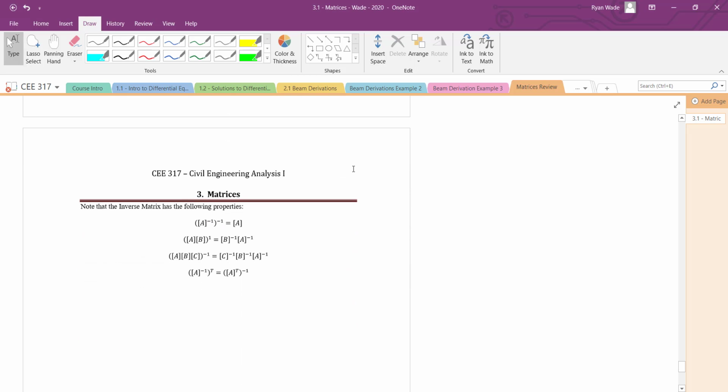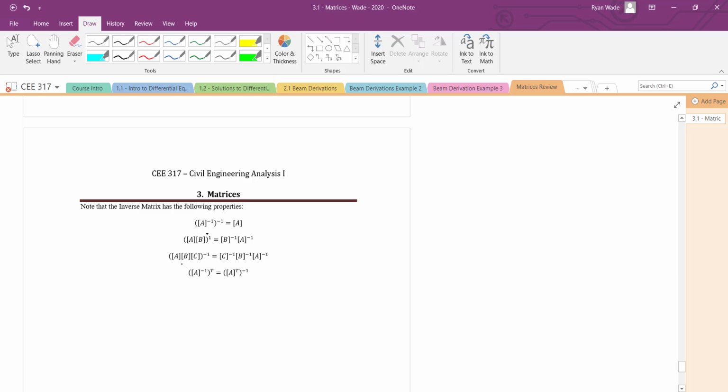The inverse actually does have a few different properties as well that are unique to the inverse of the matrix. The inverse of the inverse matrix is equal to the original matrix, which is good to know. If we have a matrix A multiplied by matrix B and we take the inverse of that resultant matrix, then we can actually take the inverse of B and the inverse of A and multiply them together, and it becomes the same thing.